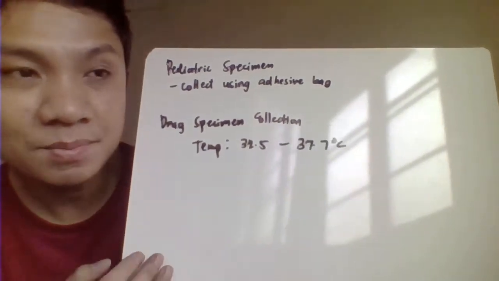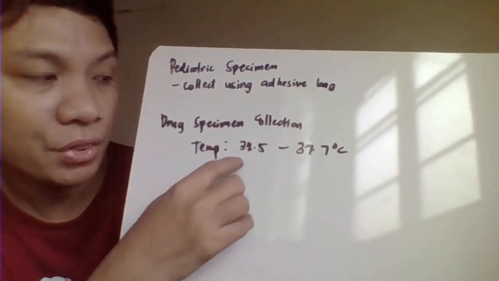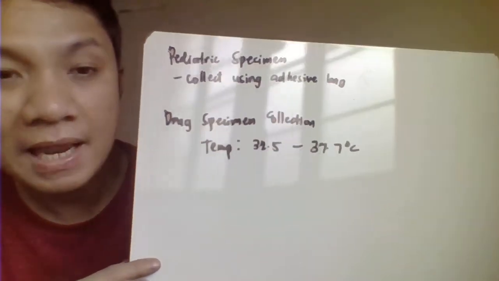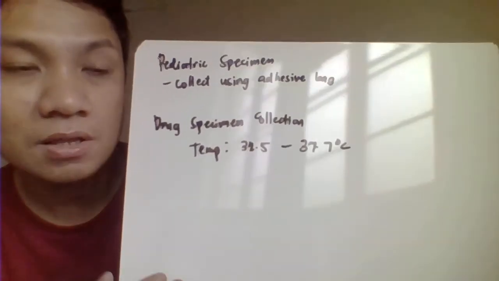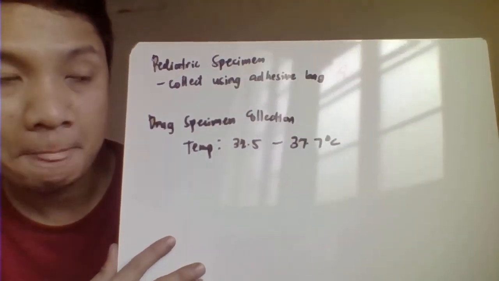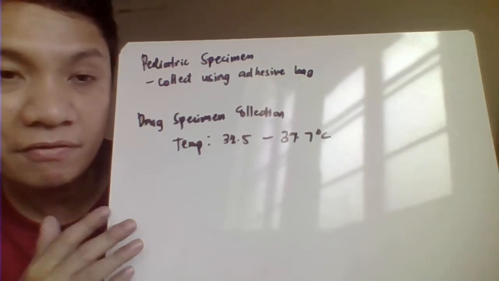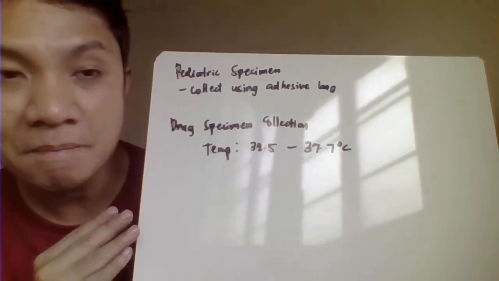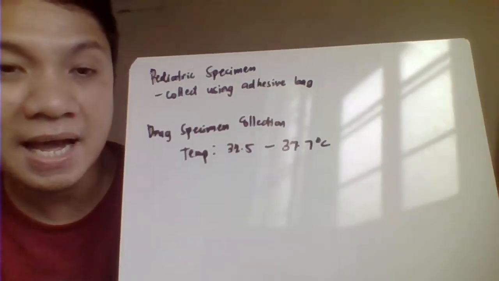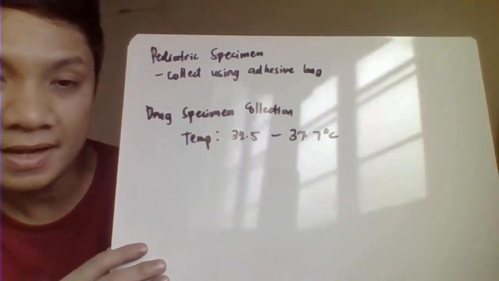A random specimen would have a temperature between 32.5 to 37.7 degrees Celsius. Pag tinamper niya ito, like try to dilute that one, then ang specimen temperature bababa. So again, you need to be very careful for that kasi pag positive ang patient, di ba? So ano implication ito? Drug addict ang patient, may legal implication ito. Okay, so thank you.